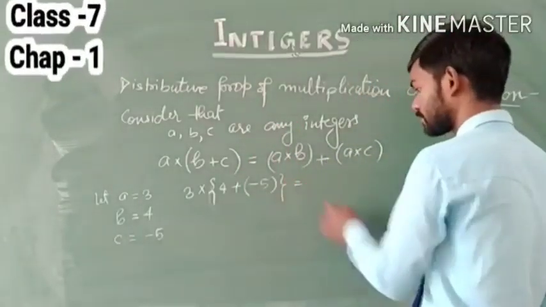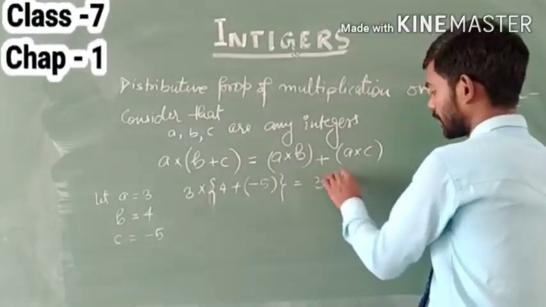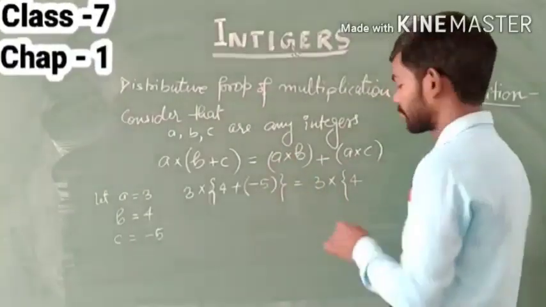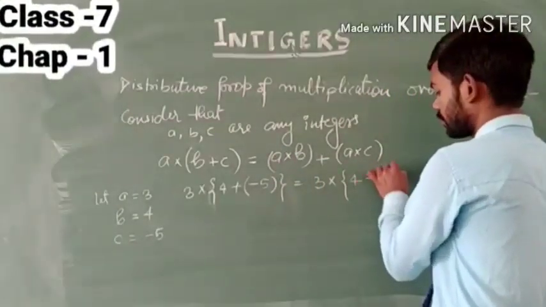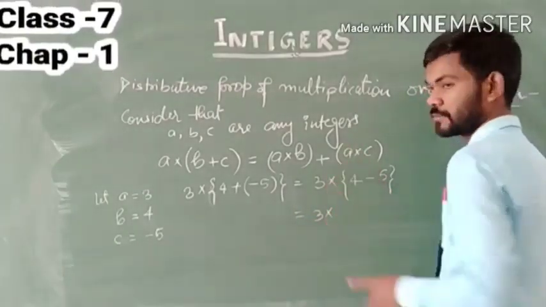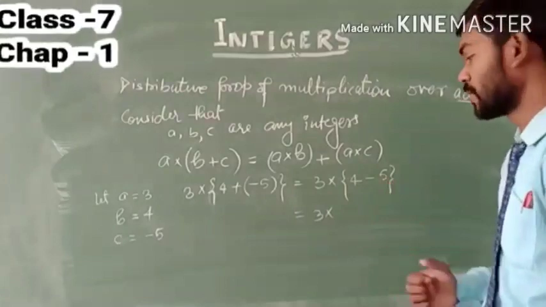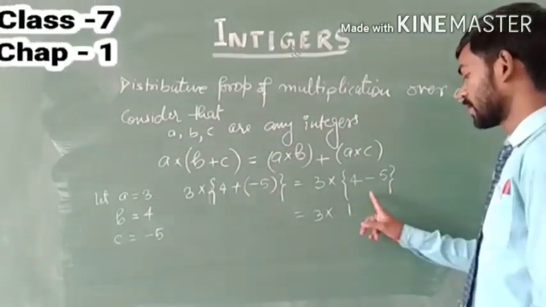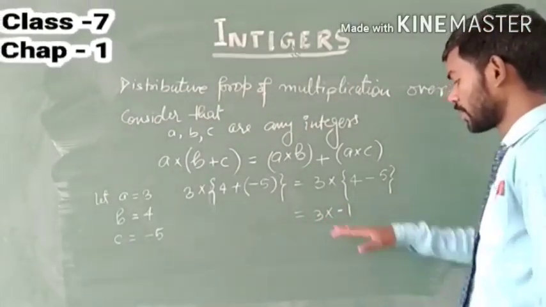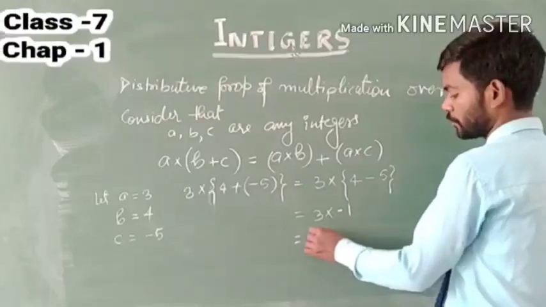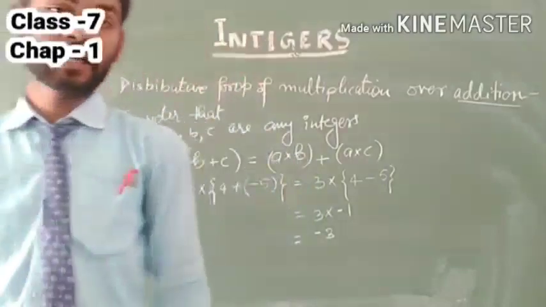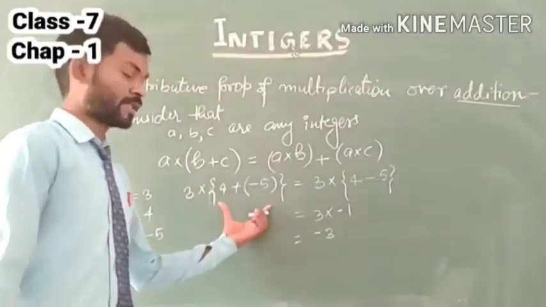So here we get 4 plus minus 5, which is minus 1, since 5 is greater than 4. Then 3 multiplied by minus 1 gives minus 3. Therefore minus 3 is the value of this arrangement.